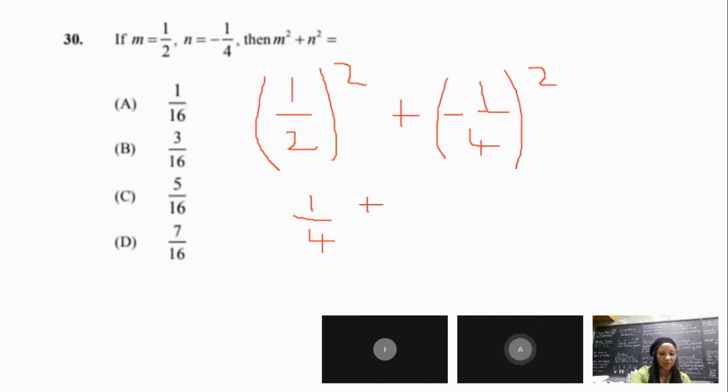So then we get a quarter and 1/16, and then we have a common factor of 16. From 4 into 16 goes 4 times, and 16 into 16 goes 1 time, so 1 plus 4 equals 5 over 16. So the answer is C.